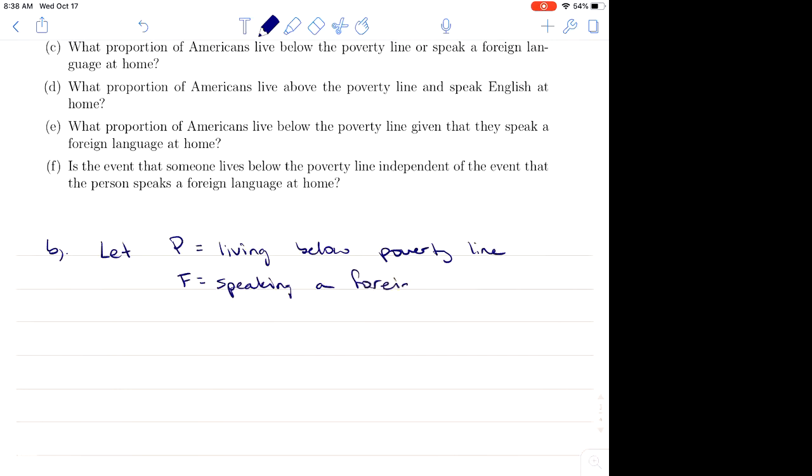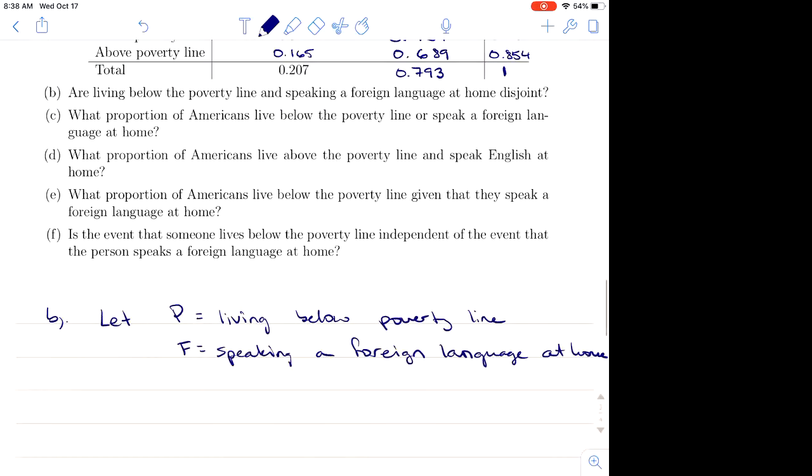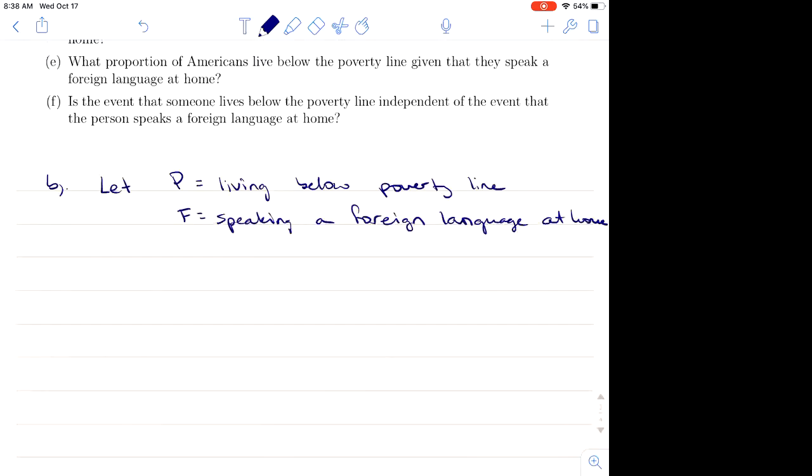So now we want to know, are P and F disjoint, right?